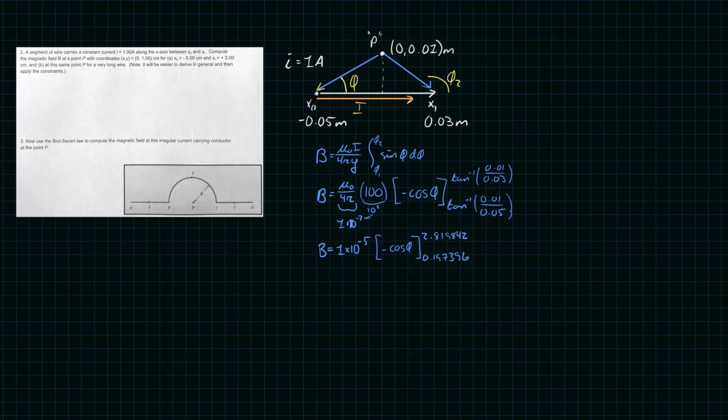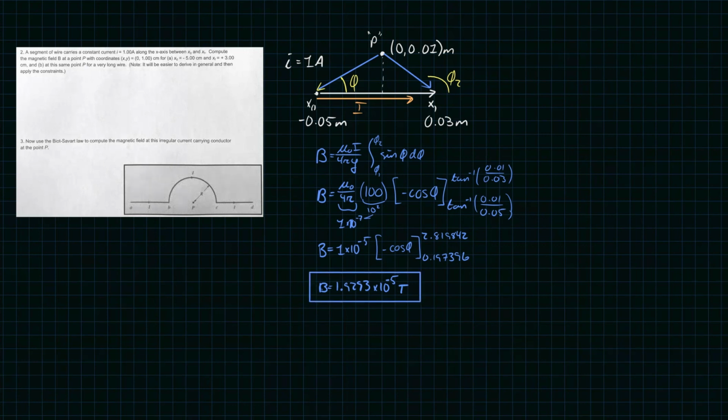And then if we plug that in, we're going to get B is equal to 1.92933 times 10 to the negative fifth Tesla.